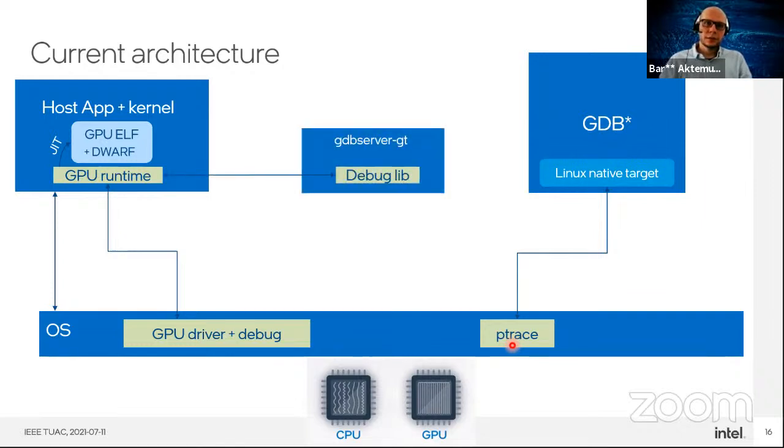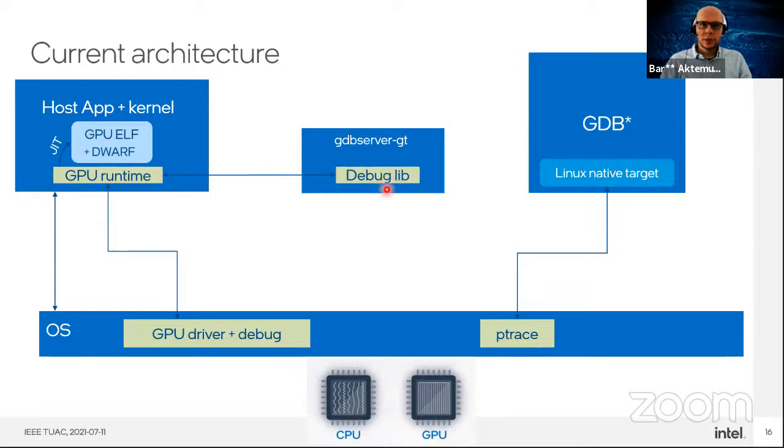And then there's a GDB server. This GDB server knows the GPU architecture, in particular here, the Intel GPU architecture, and it contains the specification, so it knows the details of it.